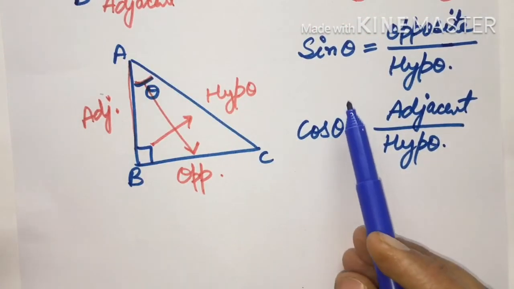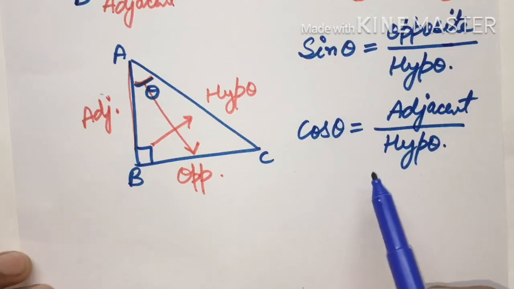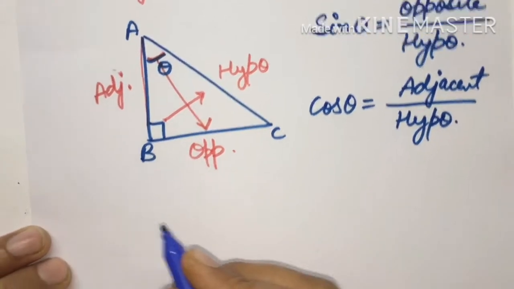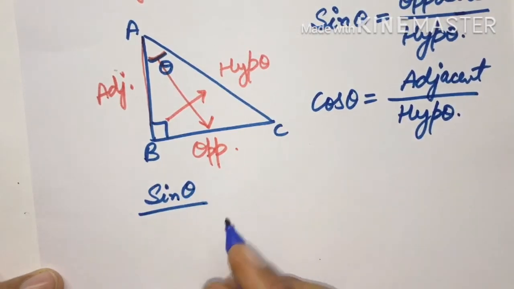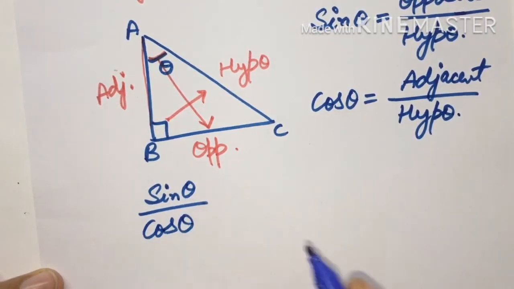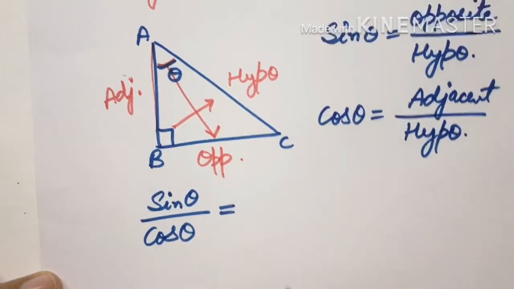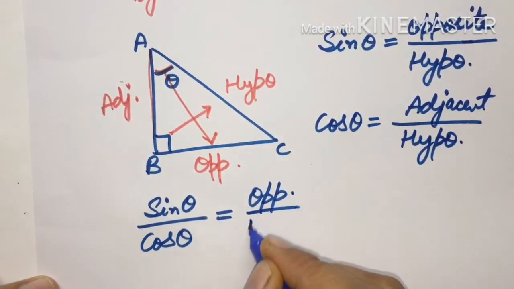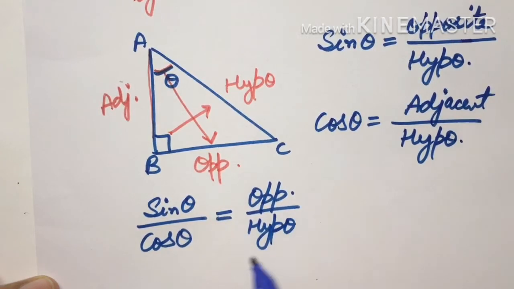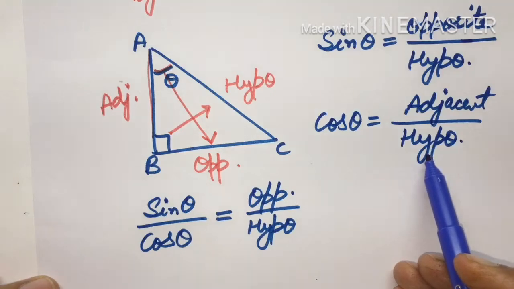So we should check the relation between sine and cos. If I put sine theta in the numerator and cos theta in the denominator, let's see what will happen. I will write opposite upon hypo for sine, and divide by cos, which is adjacent upon hypo.